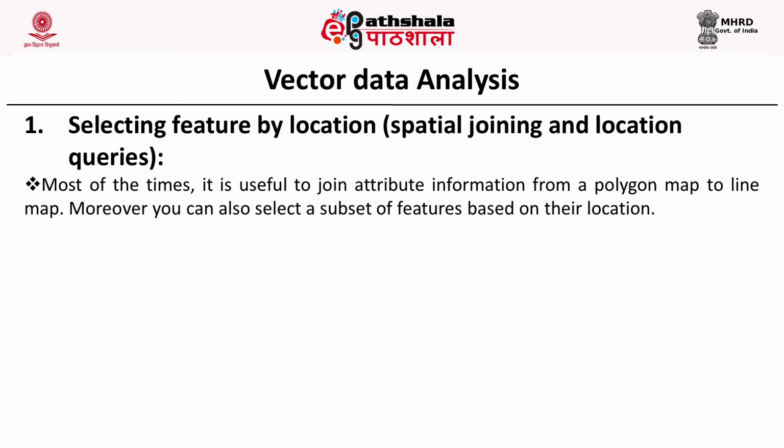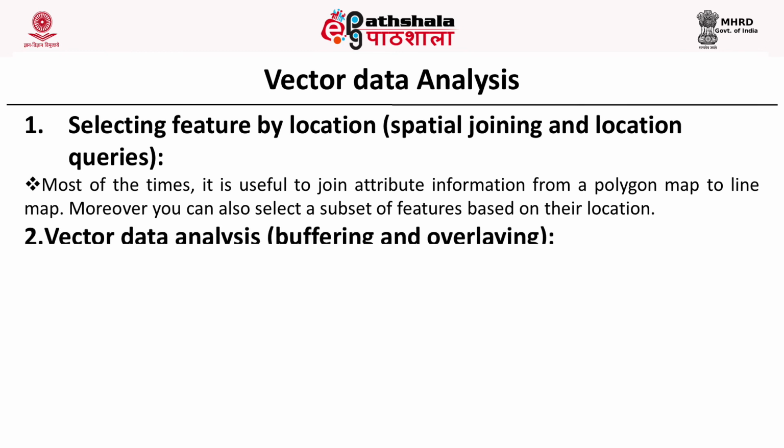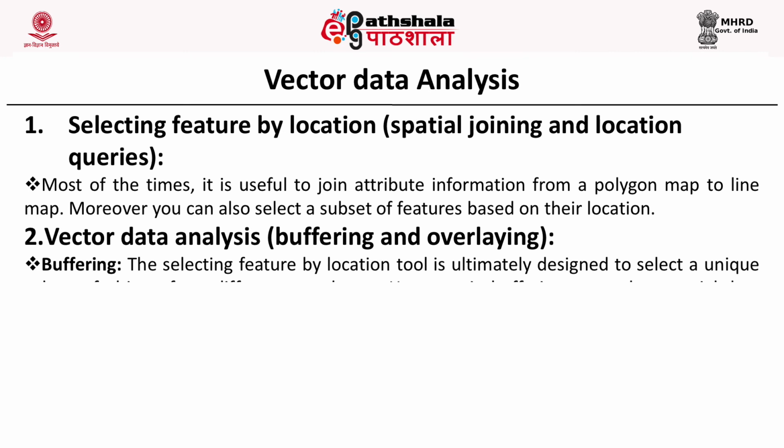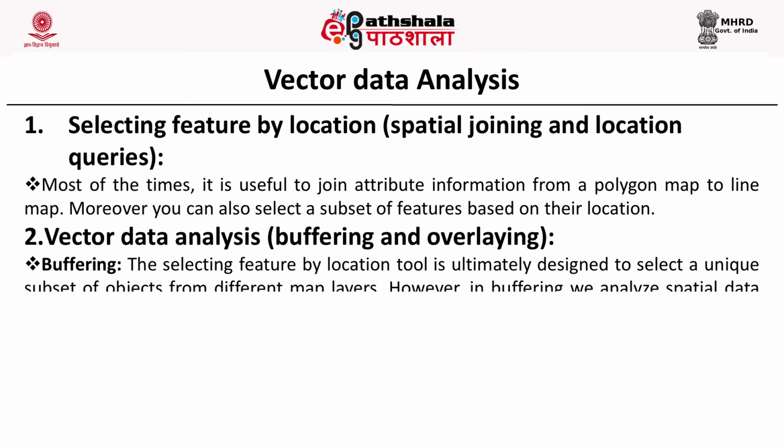Buffering includes the selecting feature by location tool, which is designed ultimately to select a unique subset of objects from different map layers. However, in buffering, we analyze spatial data layers in a way that creates entirely new objects.